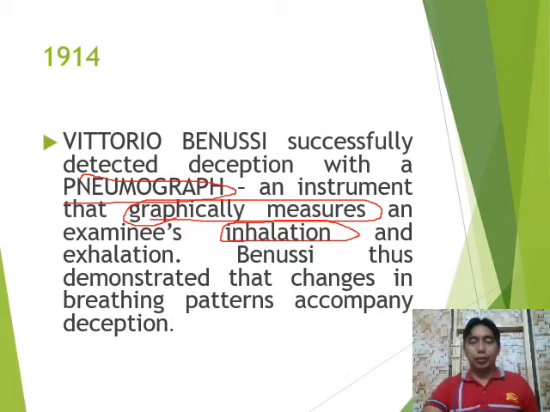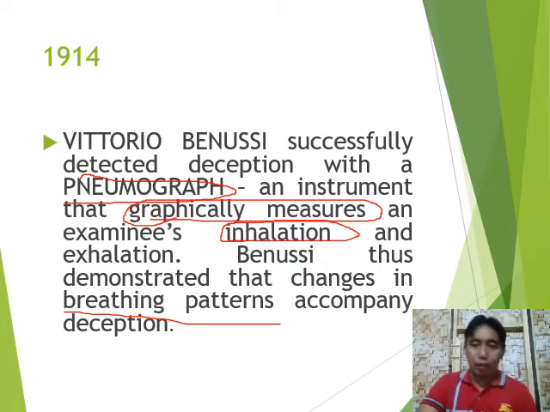As you can see here, it uses the changes in breathing patterns accompanying deception. So that's why today the analog polygraph also uses graphing on paper, which is the polygraph chart, and that was the idea of Vittorio Benussi.